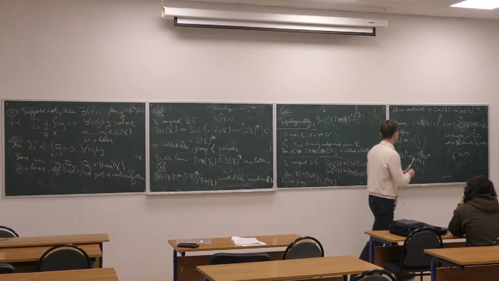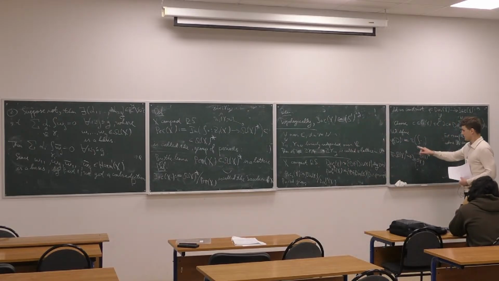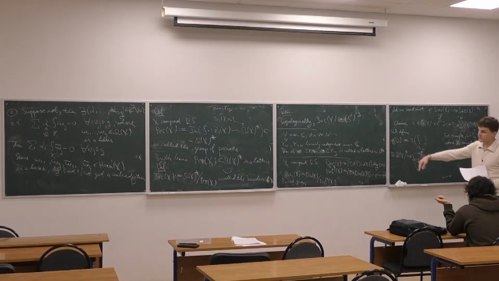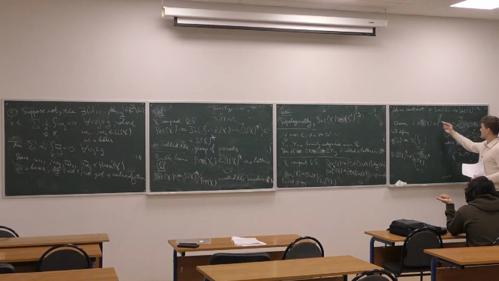So again, the definition: if you want to define a map from degree 0 divisors to the Jacobian, the Jacobian is the quotient of Omega(X) star by periods. You have a divisor, you choose a chain such that the boundary of C equals D. Then the integral over this chain defines an element of Omega(X) dual, and then you take the projection to the Jacobian.